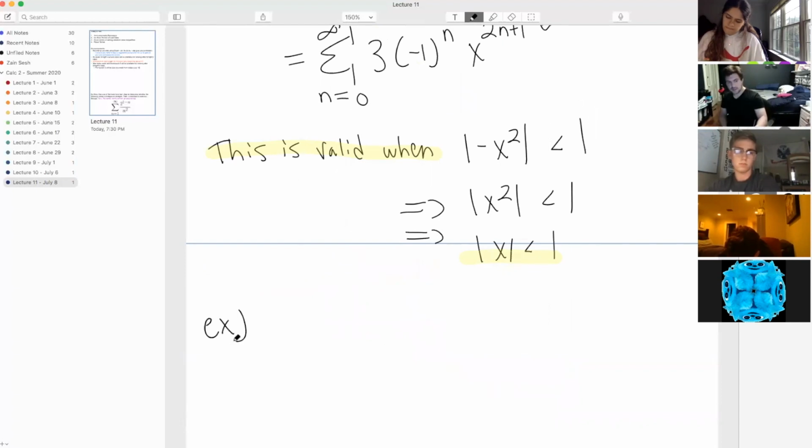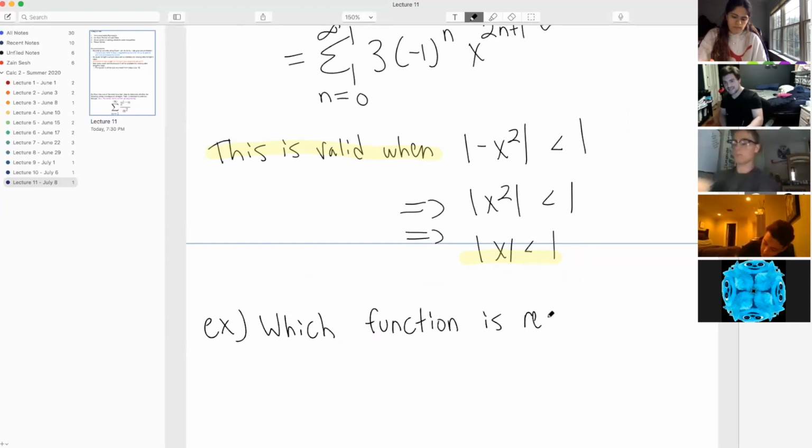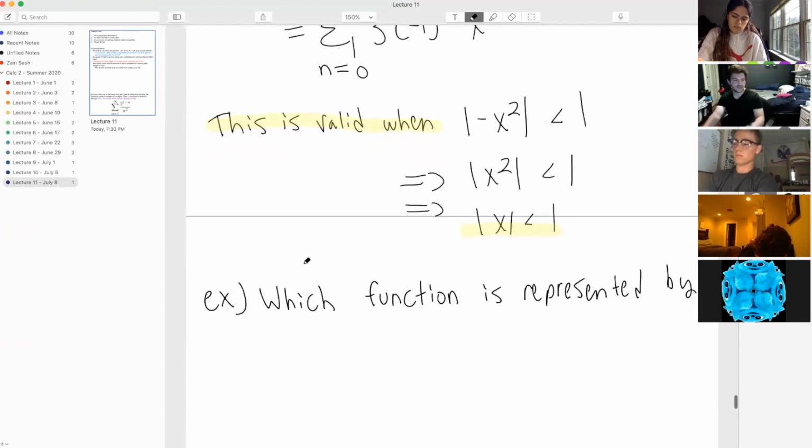So, example. Which function is represented? So I'm going to give you a power series. You tell me which function it is.